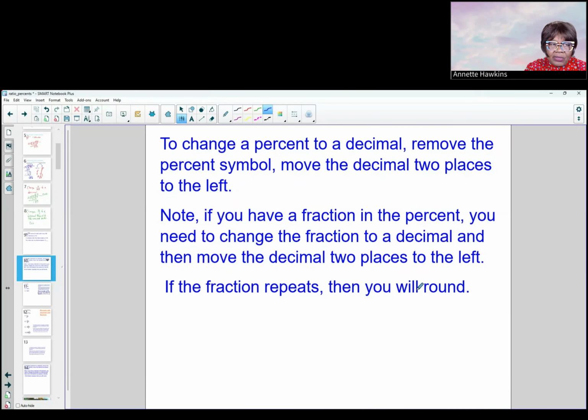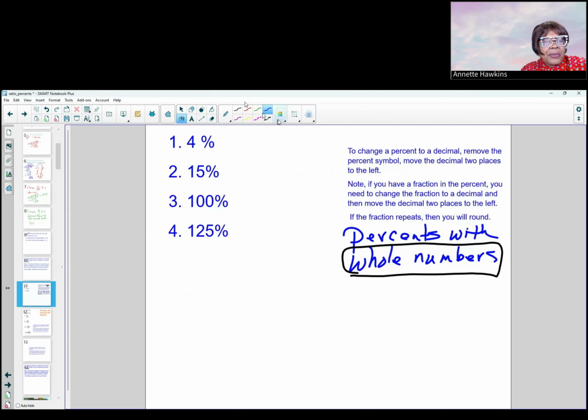Okay, here we go. All right, so these are percents. Now, how do we know that they are percents? Because we see a percent symbol. So let's go through and diagram this. The numbers used in the percent are whole numbers. That's very important.